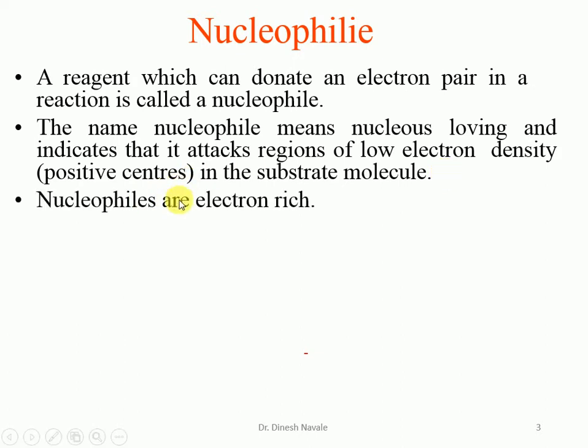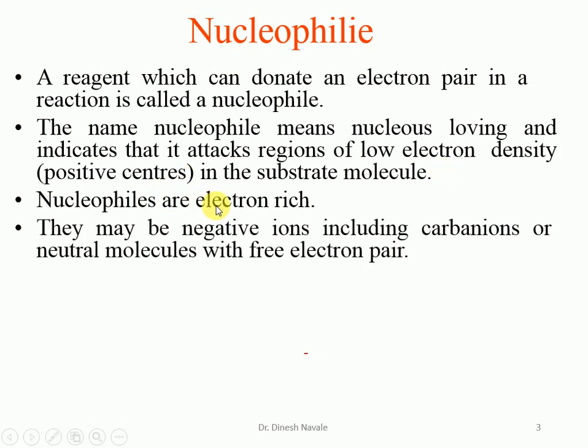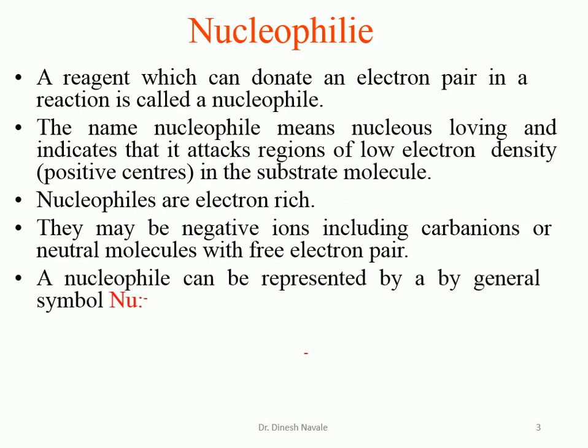So nucleophiles are electron rich species. They may be negative ions, including carbanions, or neutral molecules with free electrons. So nucleophiles can be ionic species like the carbanion, especially negatively charged ions. They can also be neutral molecules with a free electron pair. A nucleophile can be represented by the general symbol Nu minus.